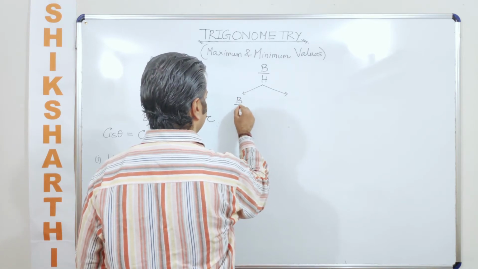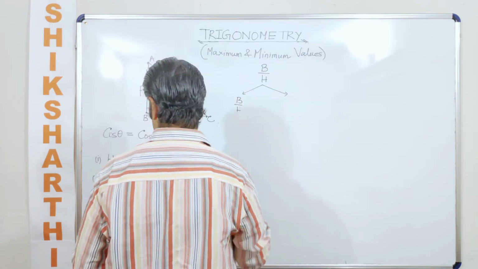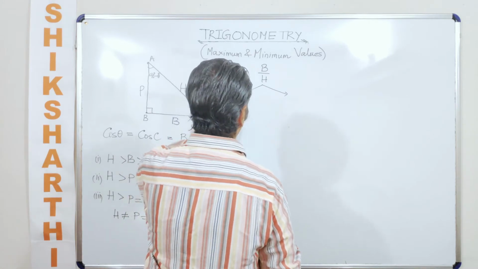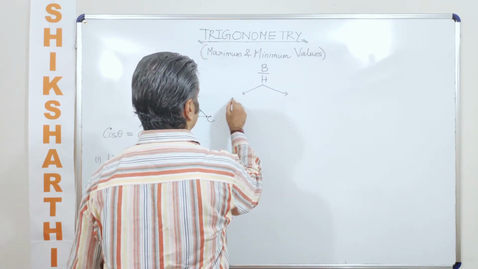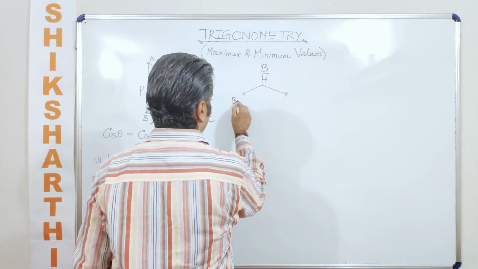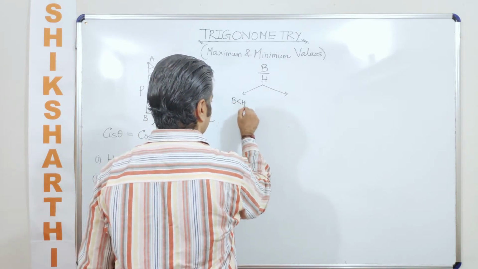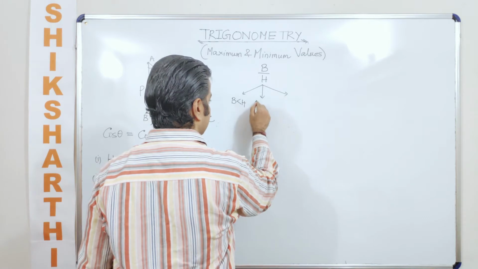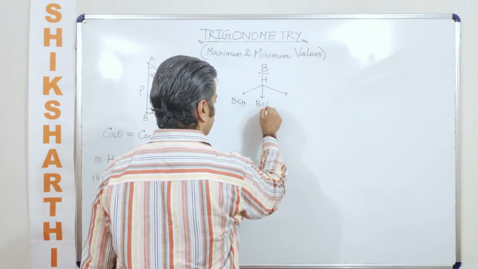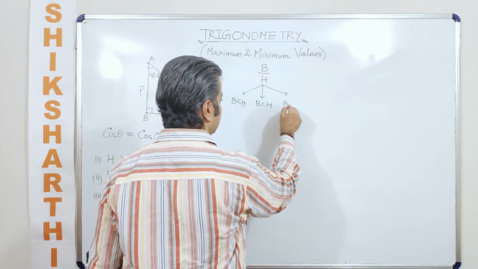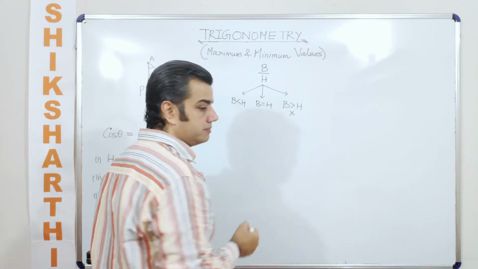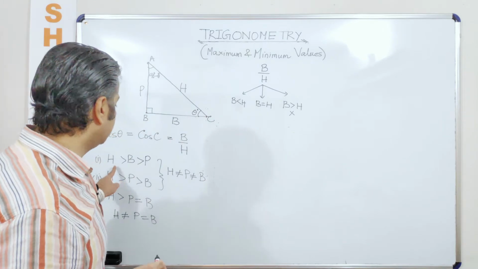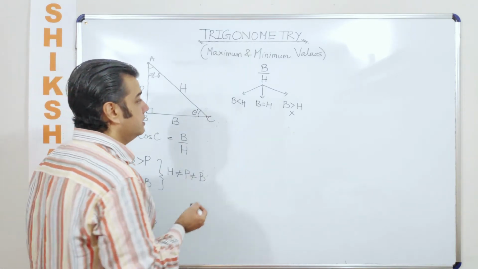So let's say the first case is B is lesser than H. The second case is B is equal to H. The third case we are forming is B is greater than H. This case is not possible because B cannot be greater than H in all the three cases you have seen.